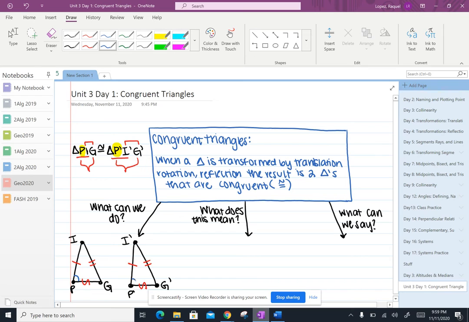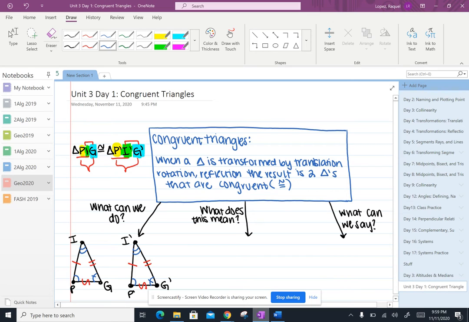And then we can look at the second letter and see that I is congruent to I prime. So I'm going to mark that with two arcs on my picture. And then that last one, since it's the last letter, we're going to say G is congruent to G prime. And I'm going to go ahead and mark that with one arc and a tick going through it.